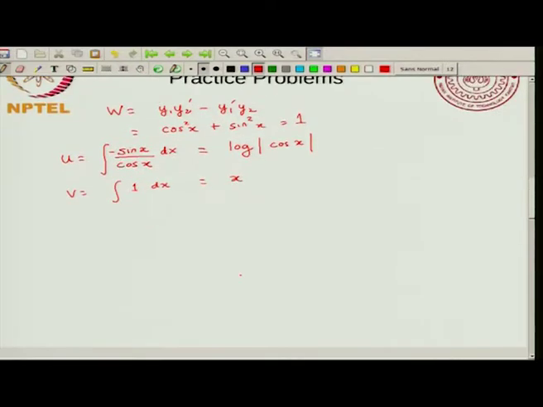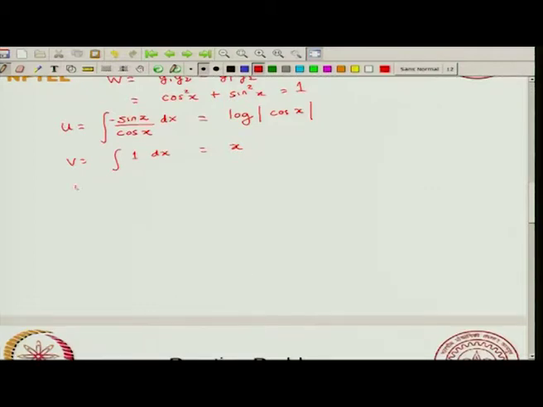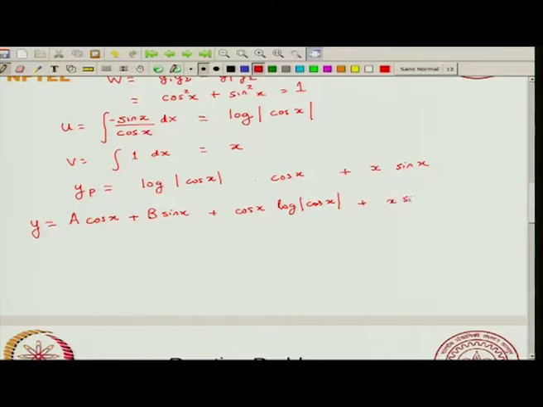So I can write my y_p is equal to log of cosine x into cosine x plus x sin x. So my general solution is y equal to a cosine of x plus b sine of x plus cosine of x into log of cosine x plus x sin x.